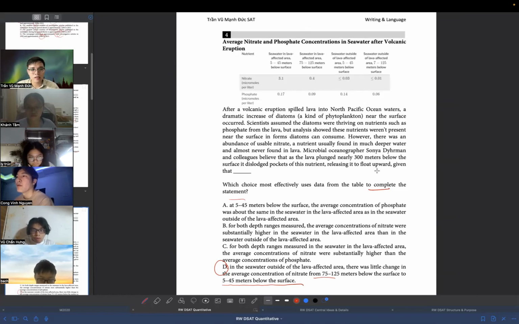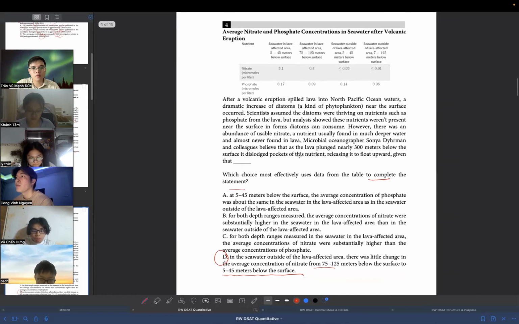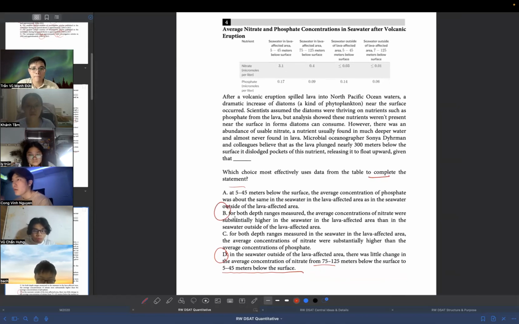I choose B, not D. Oh, you chose B, right? For both depth ranges measured, the average concentration of nitrate was substantially higher in seawater within the lava affected area than in the seawater outside the lava affected area.